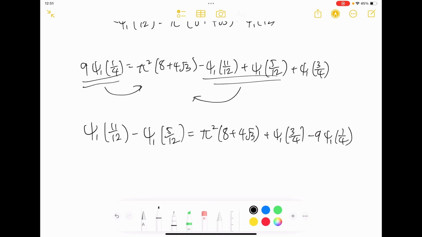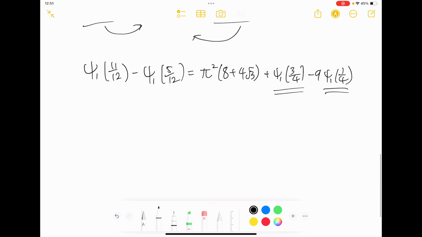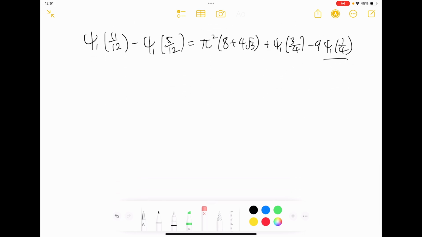And that means we just have to find these two. And again, these two are quite nice. And we are going to do just that in 30 seconds when I read over my notes again.